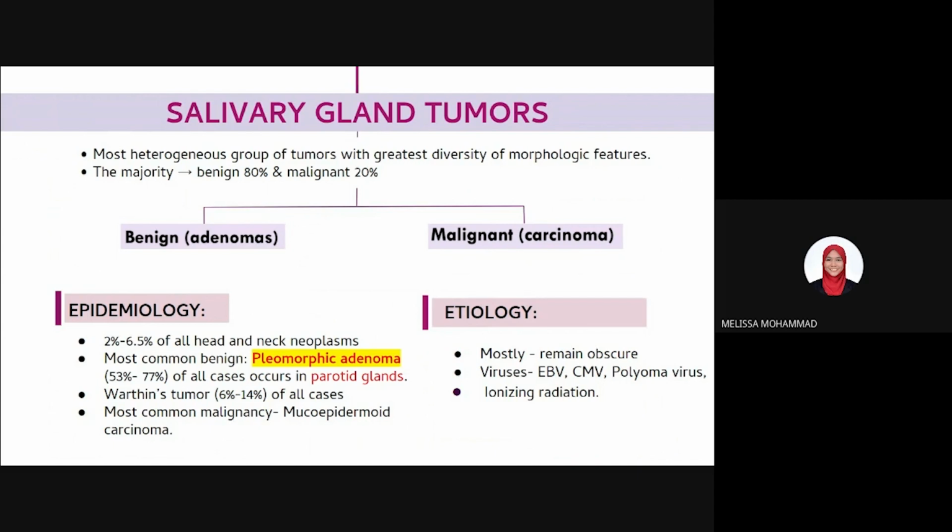The causes of these salivary gland tumors mostly remain obscure. It could be because of infections such as virus infection, EBV, CMV, polyoma virus, and it also can be caused by ionizing radiation.